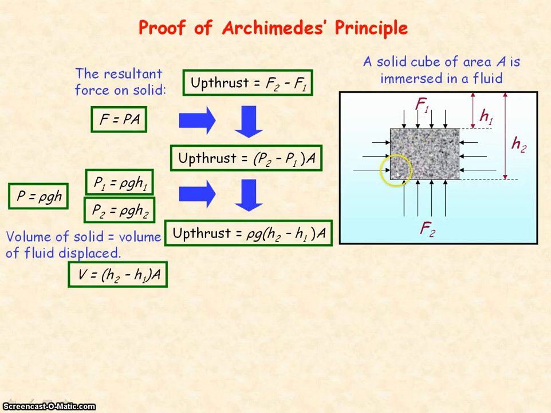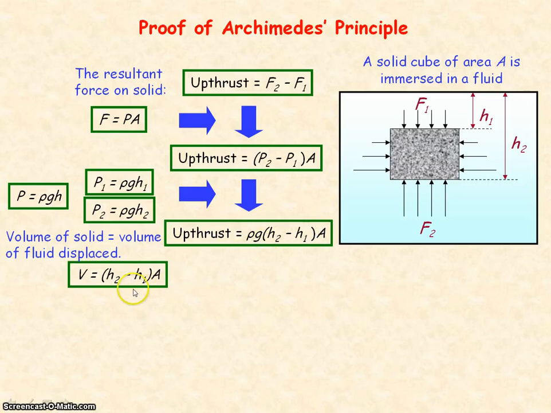And the volume of the solid is equal to the volume of the fluid displaced, and that volume would equal the area of the lower surface multiplied by the height of the object. So it's area A times h2 minus h1.